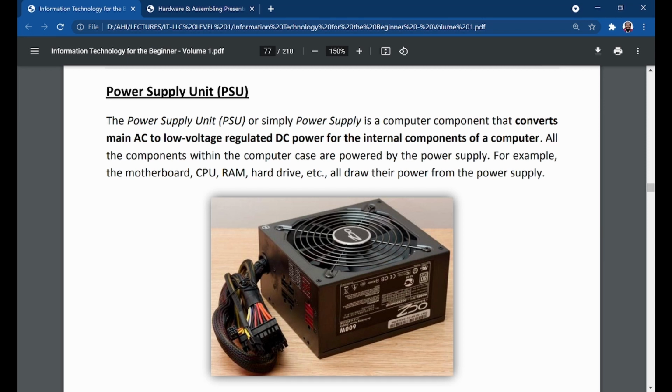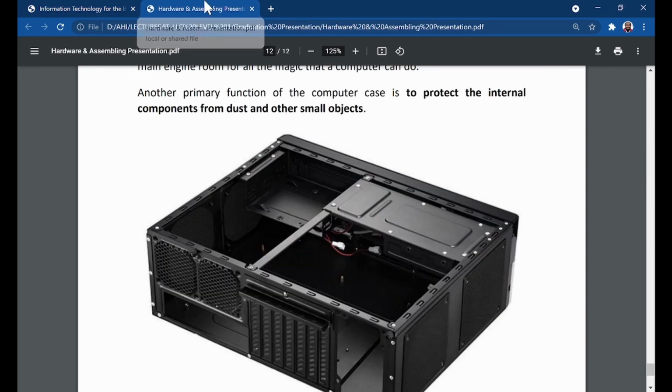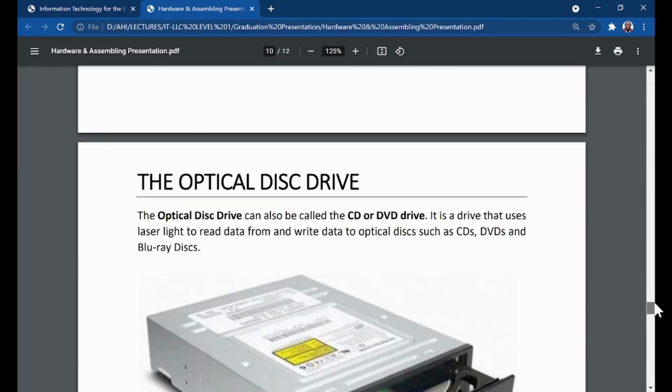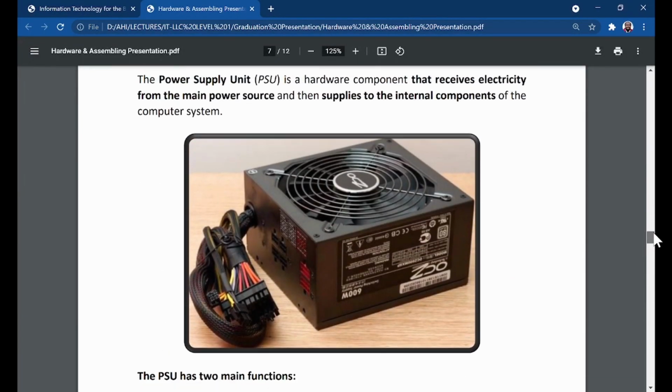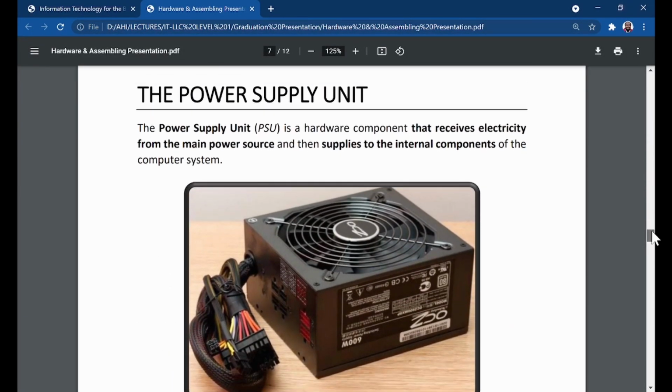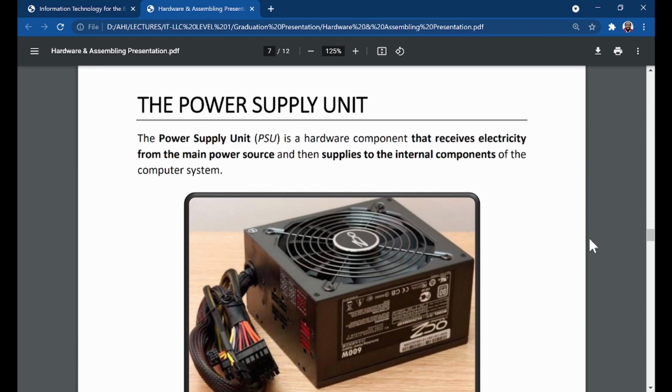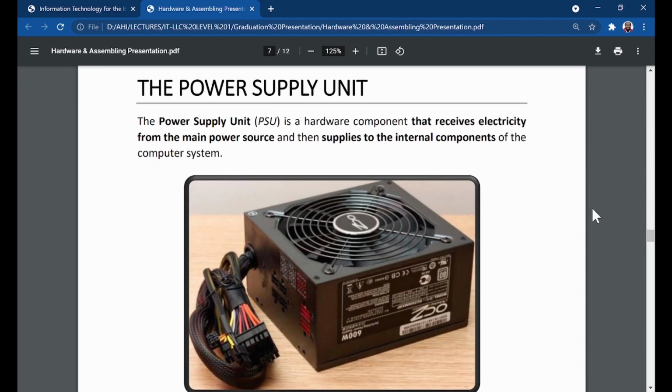all draw their power from the power supply unit. Now, this power supply unit is the next main component of a computer. We are going to learn the functions of this power supply unit. Before I elaborate on it, let me read it from my second note that I have prepared. And this power supply unit has a lot to teach you, a whole lot. So I'll need you to pay serious attention to this.